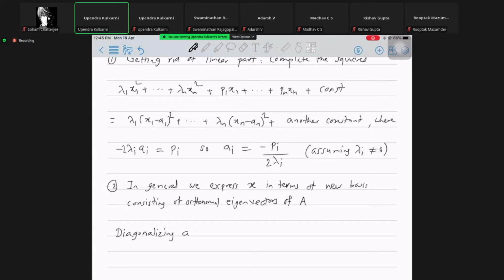Diagonalizing a matrix A. So what does that mean? It means that, let me follow the same notation, Gamma is as Professor Pramath said. So that is D, or in other words, this is really the same thing as A gamma equals gamma D, right?